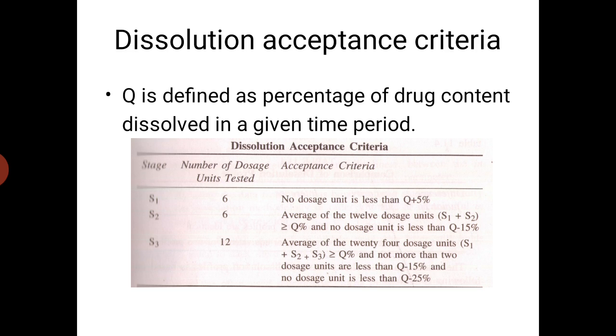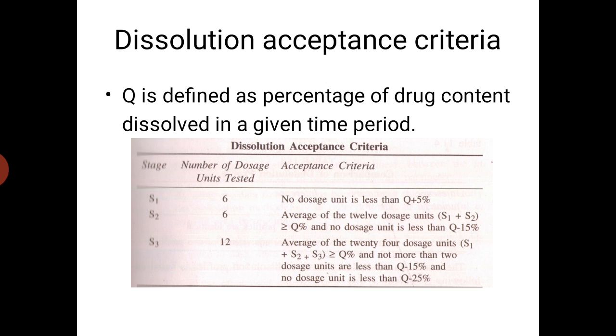I said 3 different stages are there. The first stage you will perform with 6 tablets. If it fails in the first stage, you have to go to the second stage. In the second stage, you will perform it with another 6 tablets. First stage, 6 tablets; if it passes, that's fine.